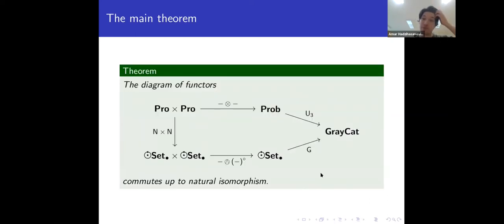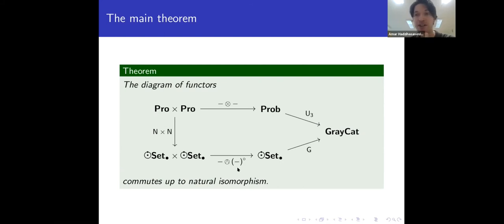So the main theorem is this. We have this diagram of functors. On the top, we have the external product of props, and then we include props into gray categories. And at the bottom, we have this embedding of props in pointed diagrammatic sets. Then we take this mesh product of pointed diagrammatic sets, but there is a little catch.